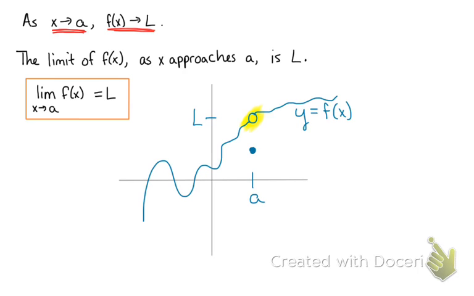There might be a dot somewhere else. But what happens when x is near, but not exactly equal to a, is that the y values for the function definitely stay very close to L. So this is the picture of a limit statement. You're looking at what happens along the graph of that function as you move towards x equals a, and you keep track of what the y values do.